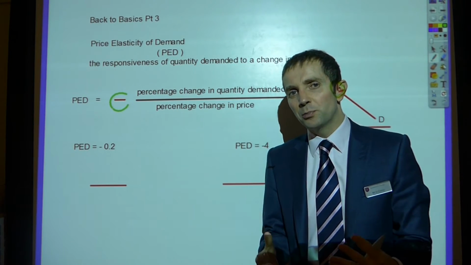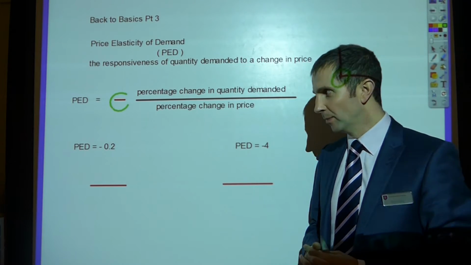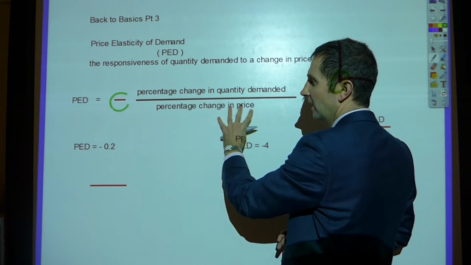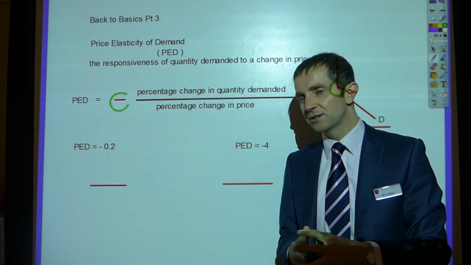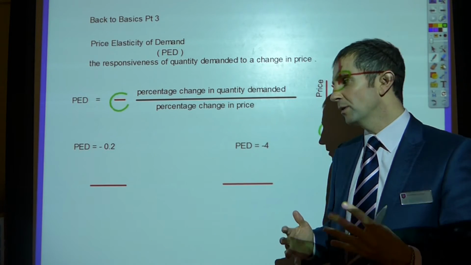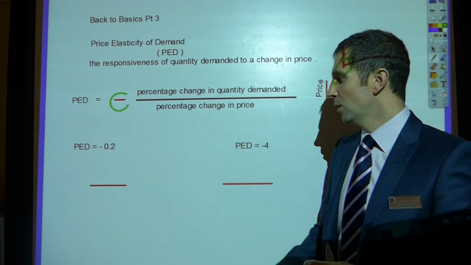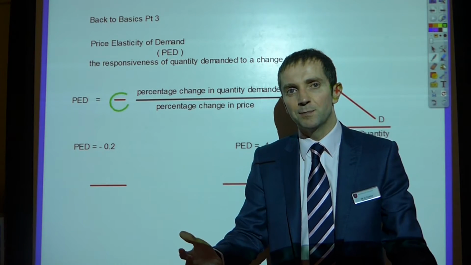People find the interpretation of these numbers somewhat problematic on exam papers. The actual calculation here is fairly straightforward, and generally candidates don't have much problem with this. It's the actual interpretation. So if you're presented in the exam with some numbers for PED and then you're asked to say, well, what does this mean?